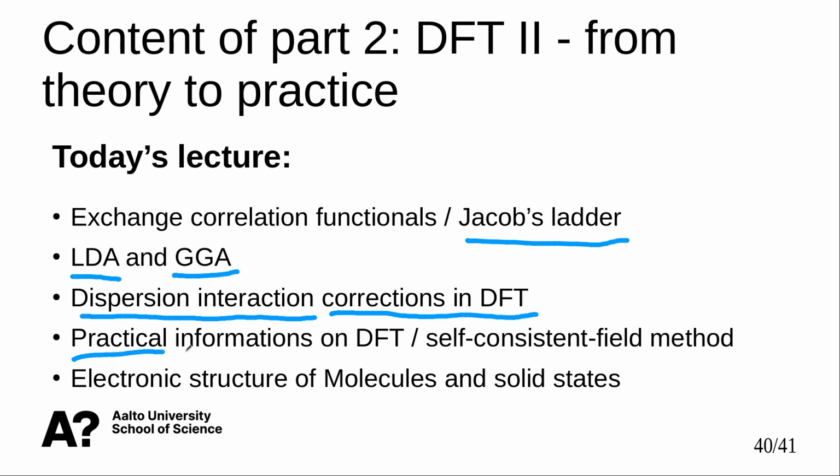We spoke about practical information and implementations of DFT, about the self-consistent field method. And last but not least, we discussed electronic structure and how to compute it, and how to get practical material parameters for molecules and solids.